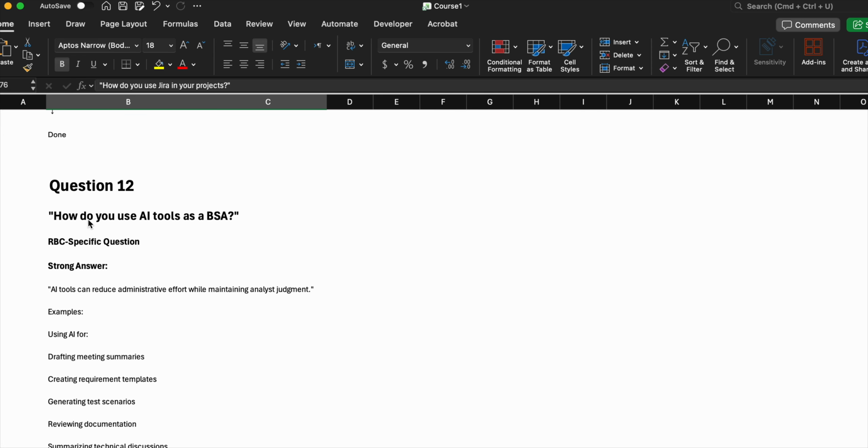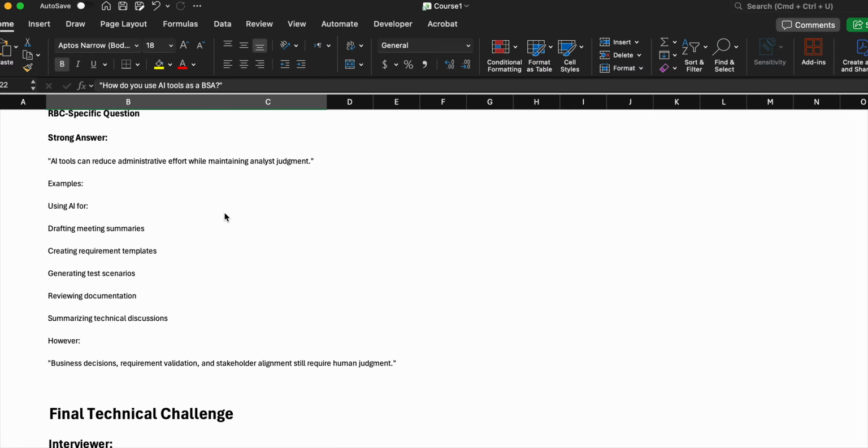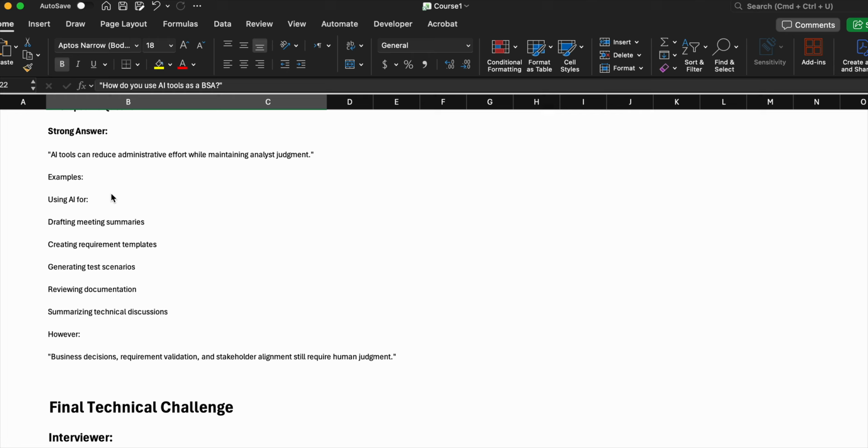Okay, how do you use AI tools for BSA? Now everyone is asking this one. It depends on your organization where you work. Whatever AI tools your company allows, use them. We cannot replace manual work with AI, right? If you don't understand a specific concept, you can ask for an explanation.